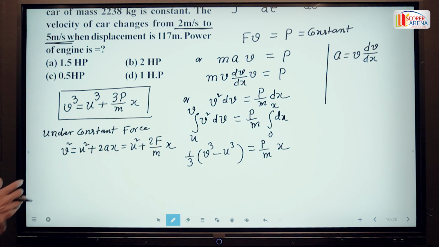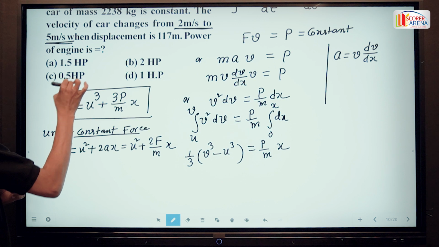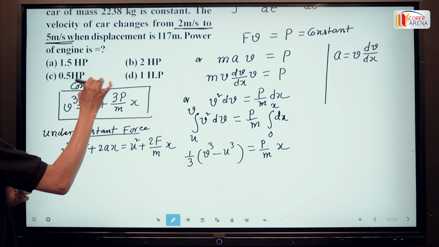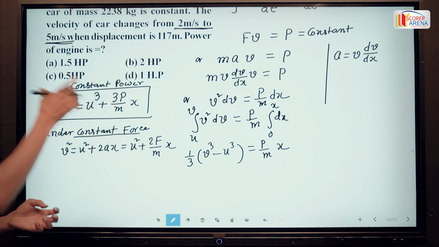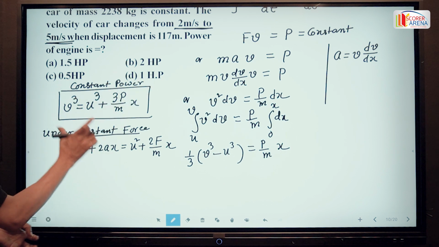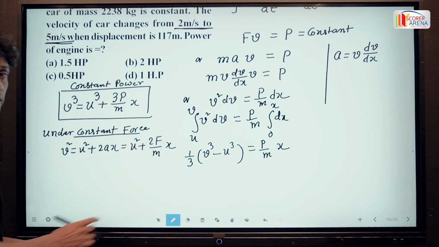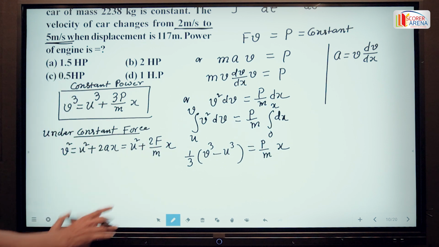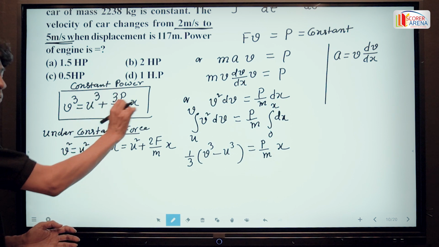Here, if we notice the constant force and constant power cases and compare these two equations: under constant force, v squared is equal to u squared plus 2F by m into x, but under constant power, v cubed equals u cubed plus 3P by m into x.